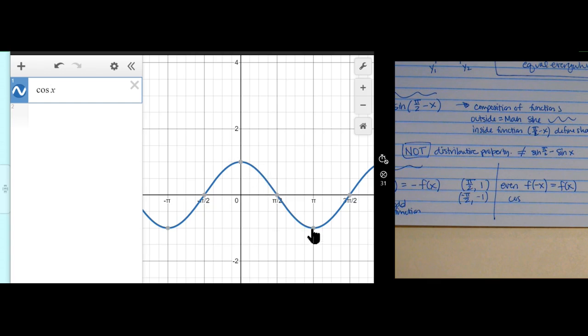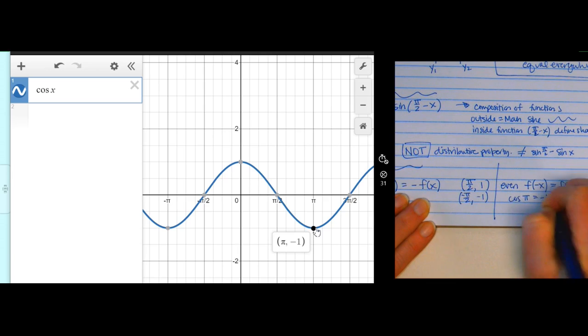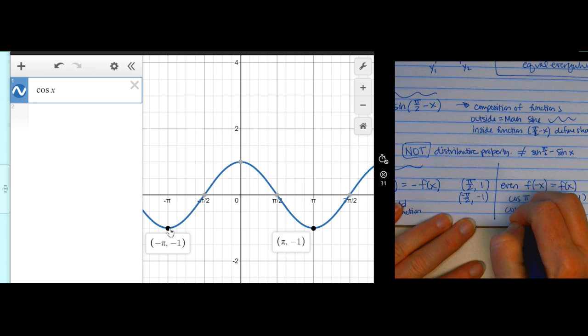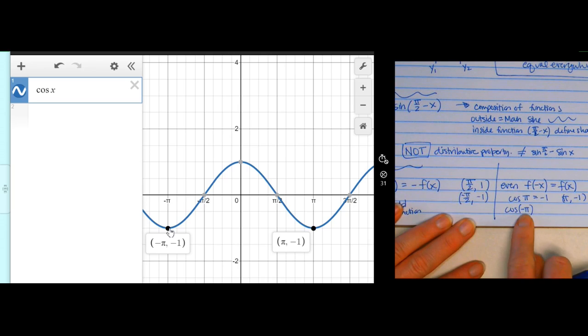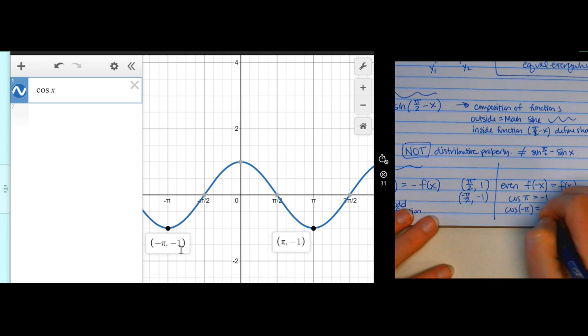Cosine of pi equals negative 1. That's a point. Pi, negative 1. Cosine of negative pi, so cosine of plug in negative x, you still get negative 1. Negative pi, negative 1. So you have positive or negative input values and the same output.